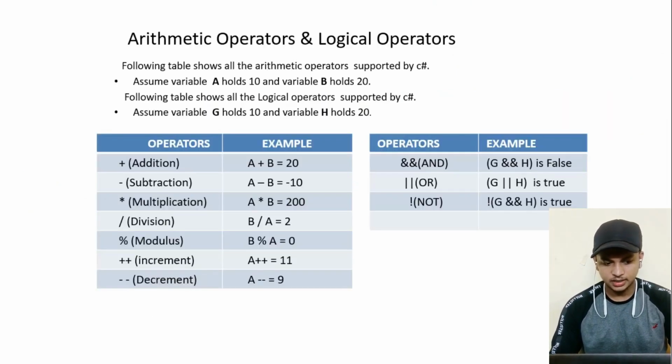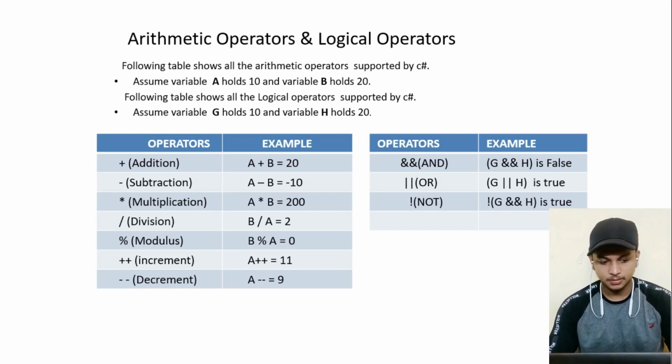The next slide is on arithmetic operators and logical operators. The table shows all the arithmetic operators. In this we have the addition operator, subtraction operator, multiplication operator, division, and increment and decrement operators. These are normal operators.